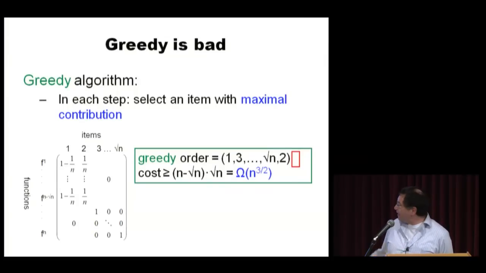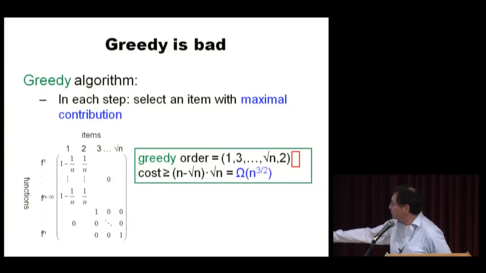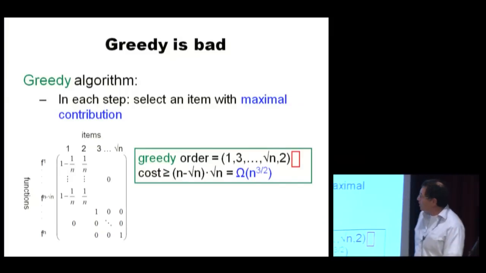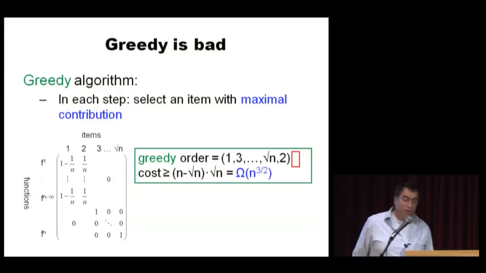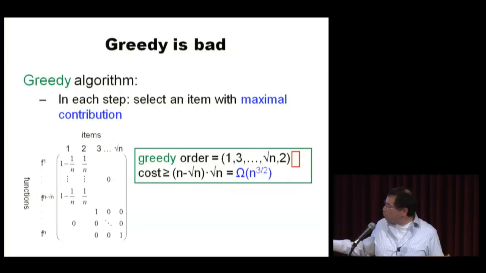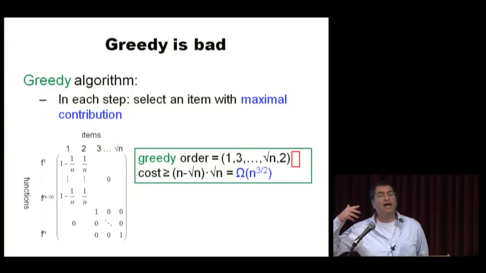Let's say that item number 3 has information 1 for the user down there. The last item has huge information for the last user, and therefore I'll prefer to choose elements 3, 4, 5, 6 out to square root of n before I bother to put the second column.